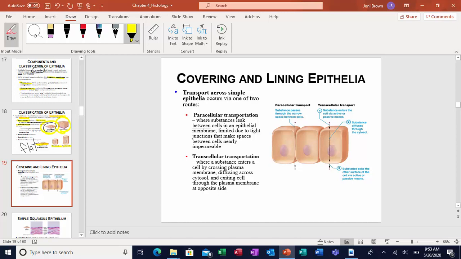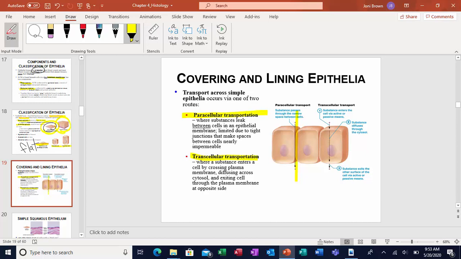Now, because epithelial covers and lines body surfaces inside and outside, things have to move through that epithelial tissue. And there's two ways. The first is paracellular transportation. With paracellular, they leak between the cells. That's all it does.